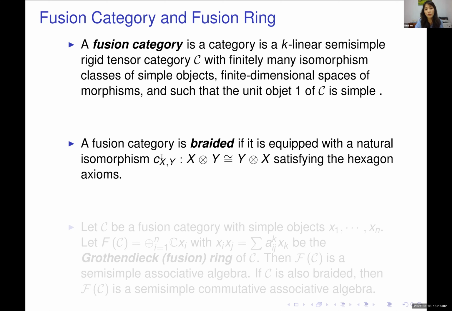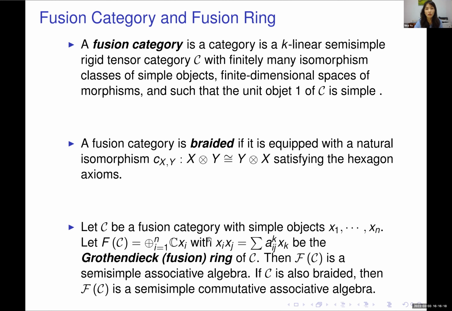We say that a fusion category is braided if it is equipped with a natural isomorphism of the tensor products here, so there is a braiding, satisfying a certain condition. We are mainly going to use the fusion ring of a given fusion category.